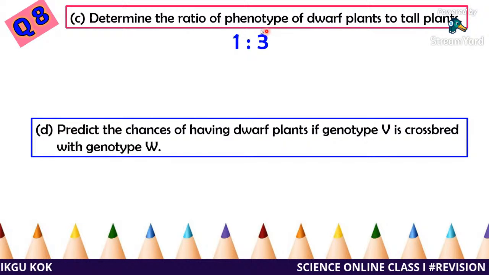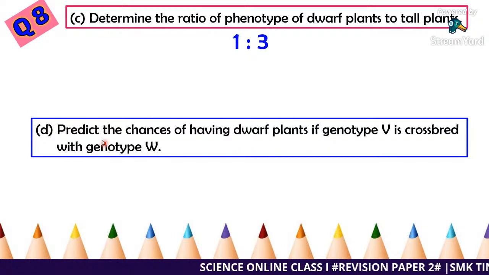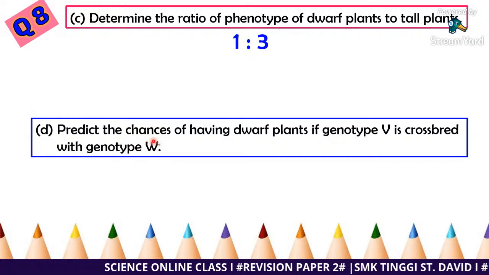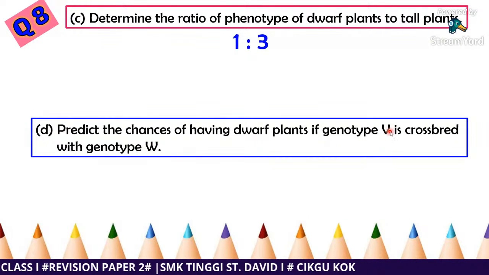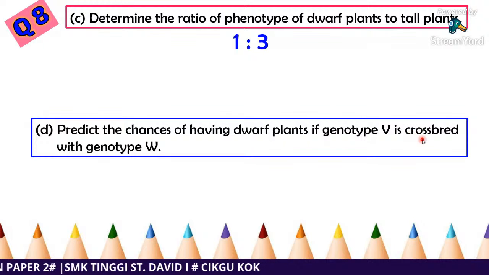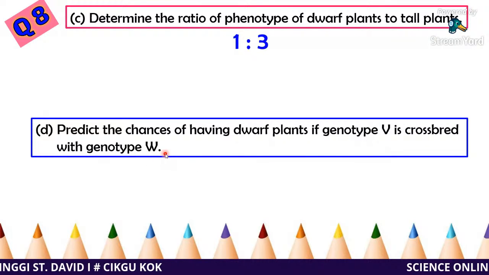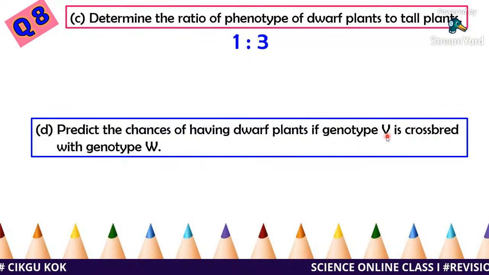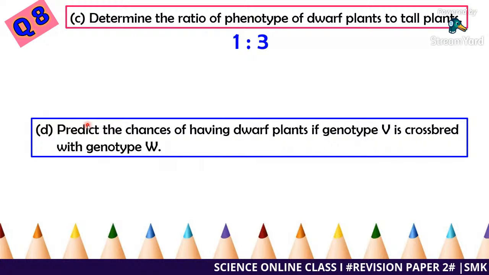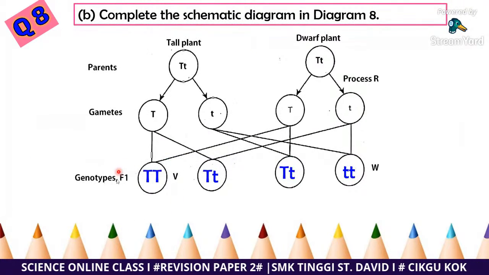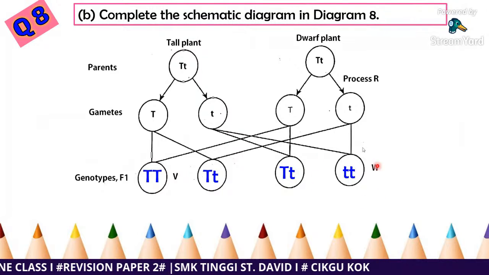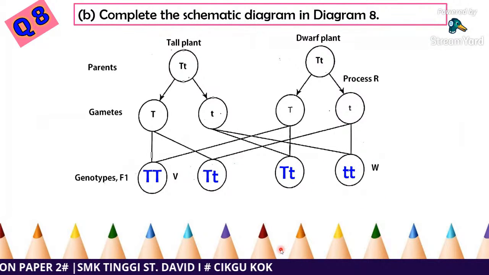Then we go through to D. Predict the changes for the dwarf plant if genotype V is crossbred with genotype W. V and W, they want to cross. So I refer back. V and W need to cross.